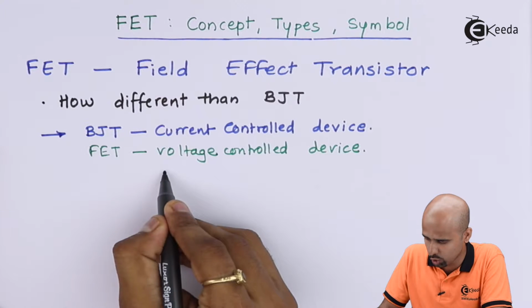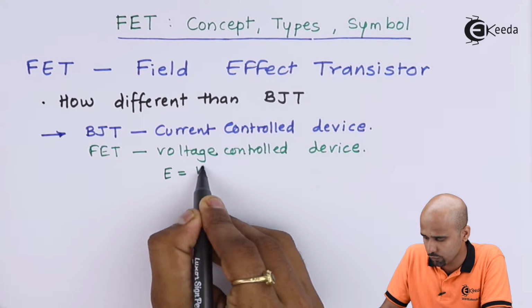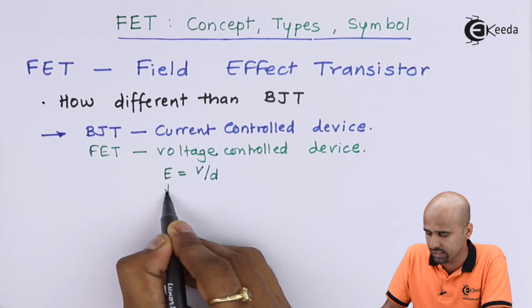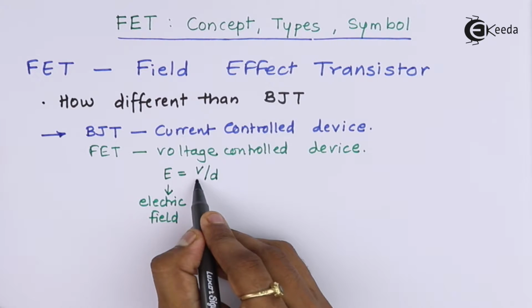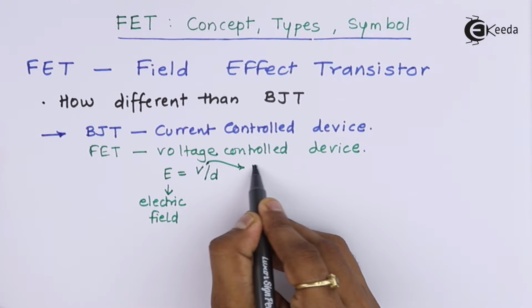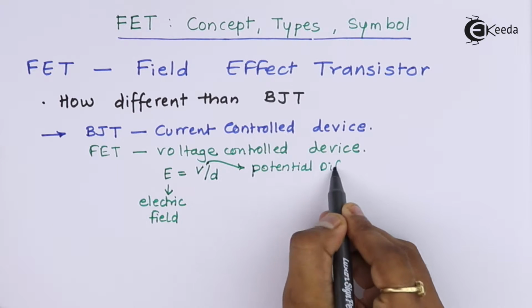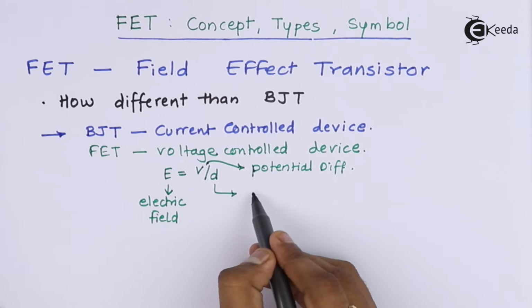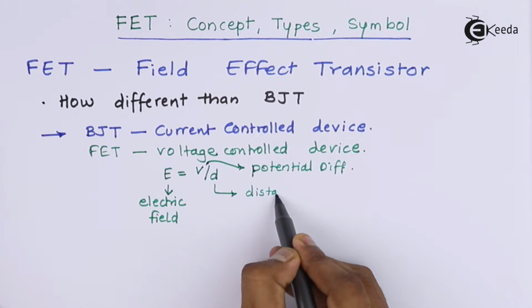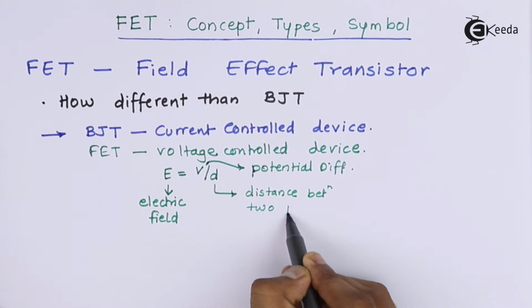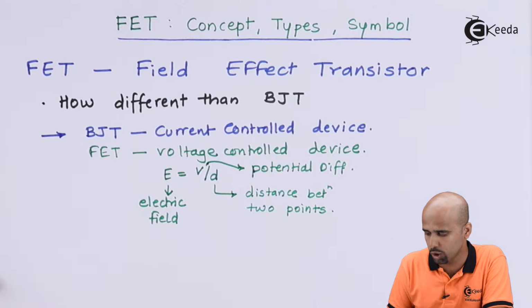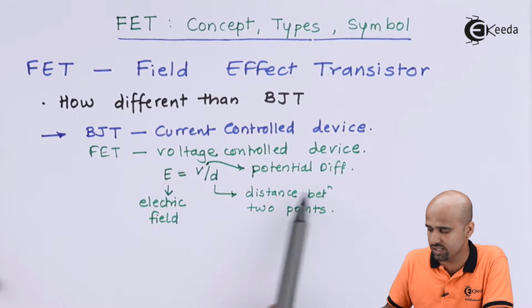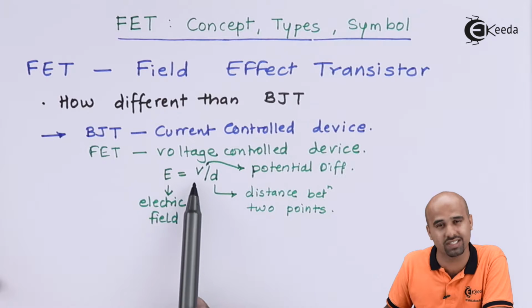This is because we all know that E is equal to V divided by D, where E is the electric field, V is the potential difference, and D is the distance between the 2 points from where we get the potential difference V. So ultimately, electric field increases if the distance between 2 points decreases, but voltage is kept constant.